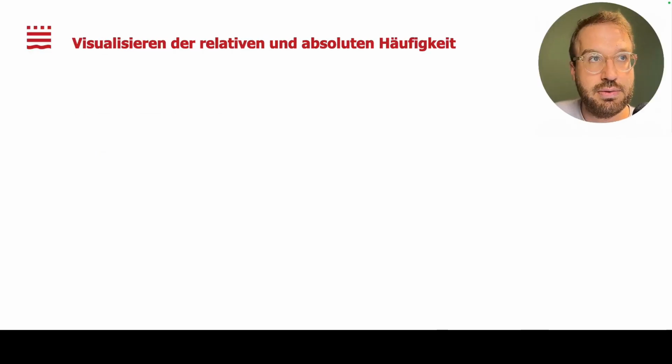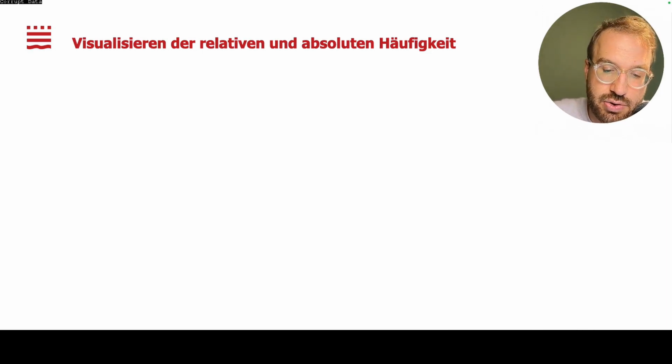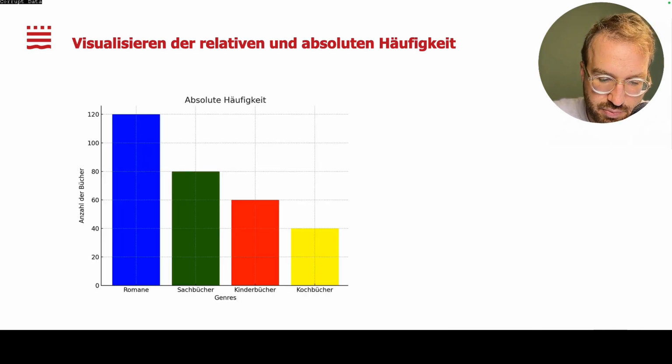The last thing I wanted to briefly discuss with you is how to visualize absolute and relative frequencies. And this is primarily done through bar charts, also known as bar plots, which are a type of diagram. And here we see that we can represent the absolute frequency through the height of the bars. The higher the bar, the higher the frequency, thus presented very compactly.